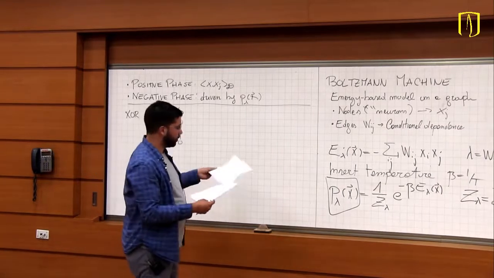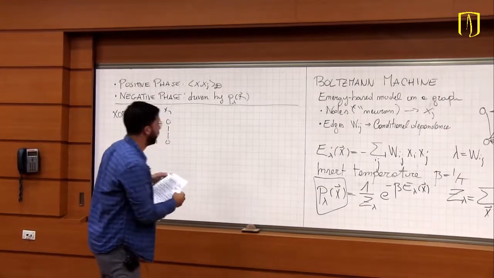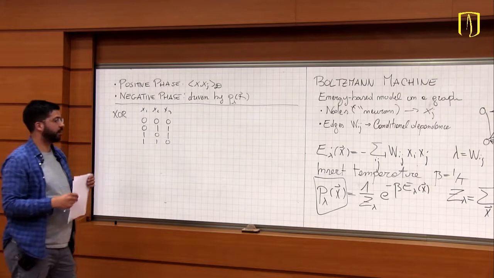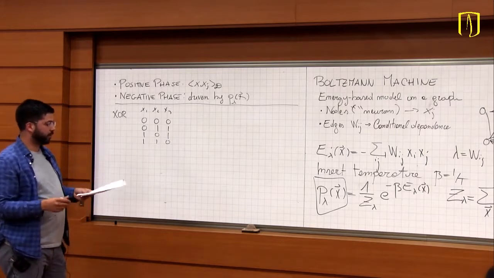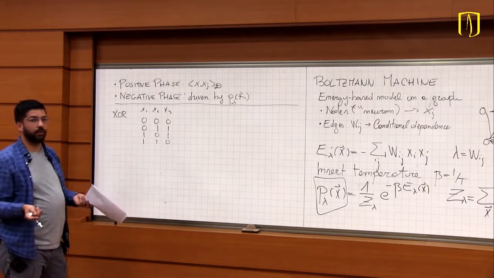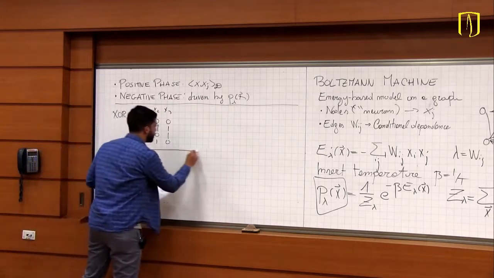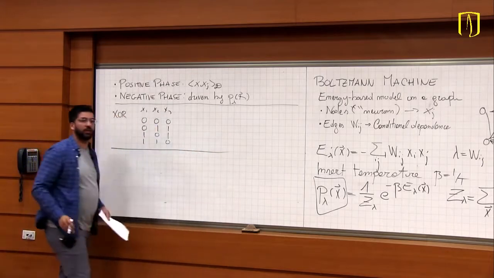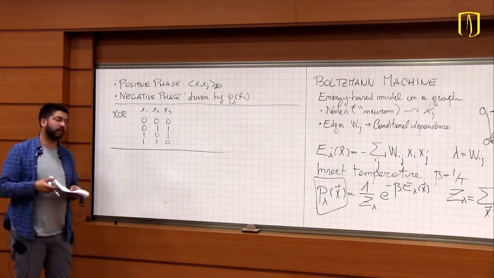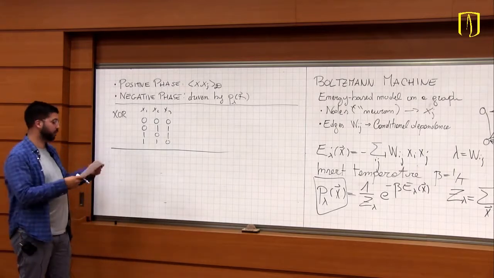So this is a very nice and instructive model, but it's not very powerful. There is a simple way to make the Boltzmann machine powerful: you add hidden neurons, or latent neurons, right?